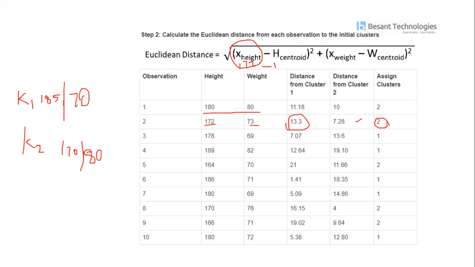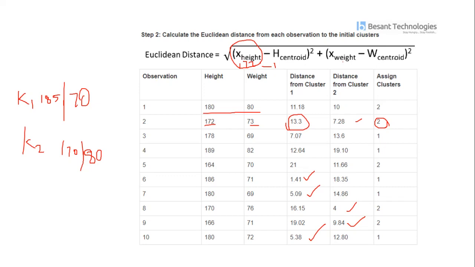Again comparing, the first is nearest. The 7th, the first is nearest, the 8th, the second is nearest, the 9th, the second is nearest, and the 10th, the first is nearest. This is how our k-means values are clustering the defined data.